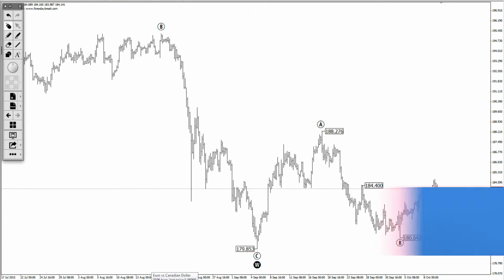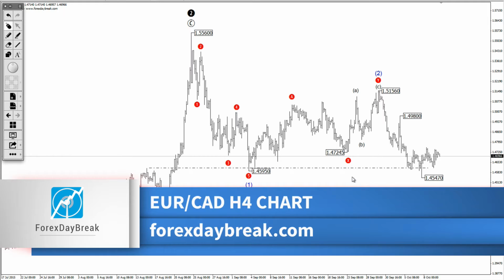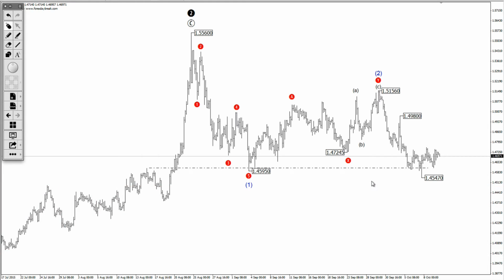Alright, next we take Euro Canadian dollar, and Euro Canadian is still struggling to decline through the 146 level, which is quite a strong support level right now, approximately 146. This is a little bit higher, so I'm expecting more downside on this pair.